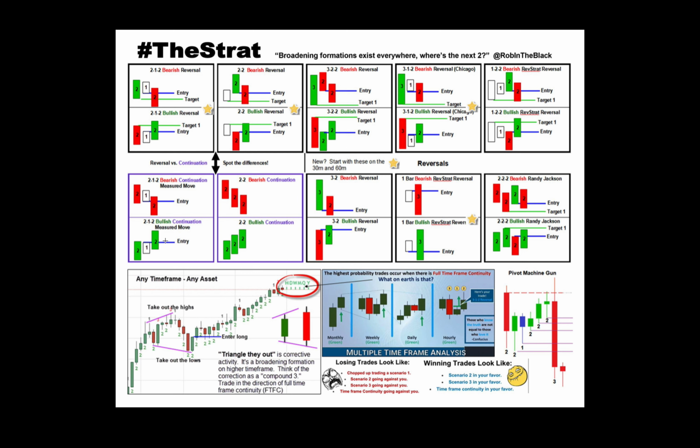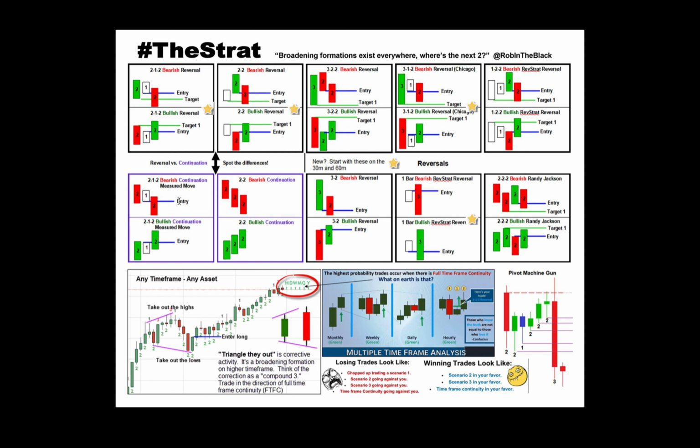It utilizes candles that can do only one of three things, right? Be a 1, a 2, or a 3. Based off of those numbers, there are reversal patterns, 6 main reversal patterns that we like to trade. We like to trade reversal patterns because they give you a clear entry and a very clear exit. You can trade continuation patterns as well.